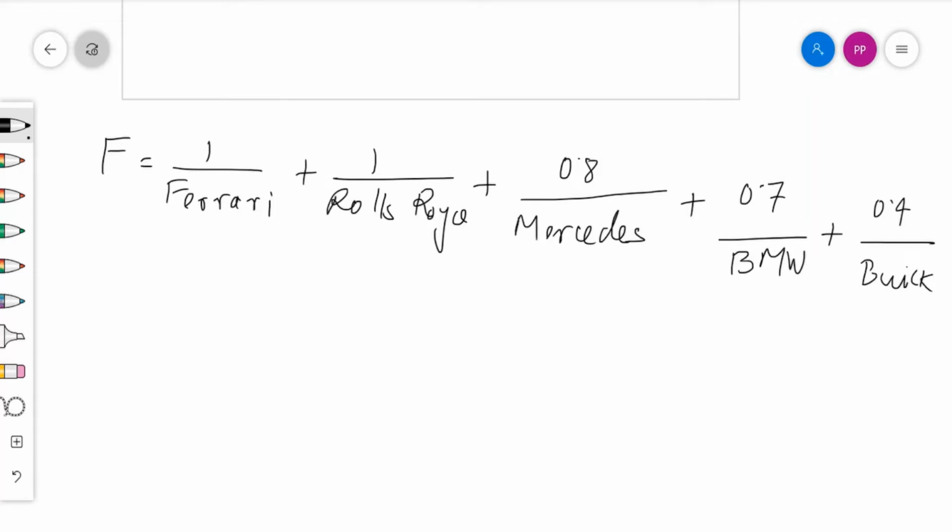We can generalize it as F equal to the summation of all such tuples, from i equals 1 up to n elements of the universe of discourse.